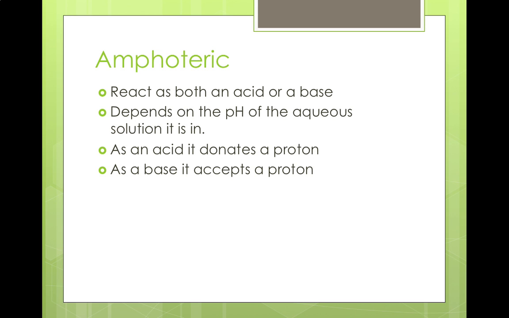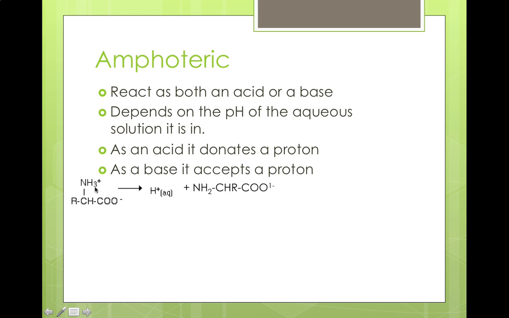An H+ ion, that hydrogen, has lost its one electron, so really all I have left is my nucleus with one proton, sometimes with a neutron as well, depending on which isotope it is. Here's the reaction. I've got my carboxylic acid that has donated its proton to the amine group, so this is my Zwitter ion.